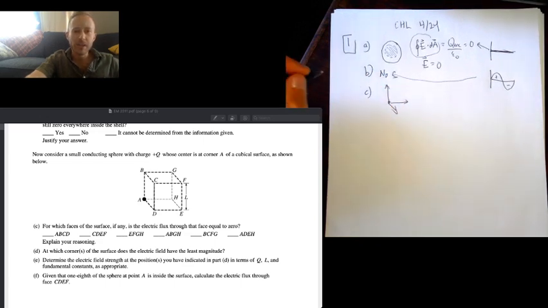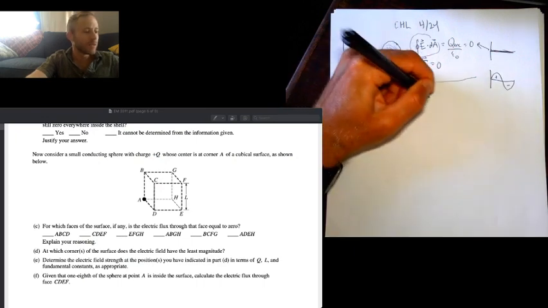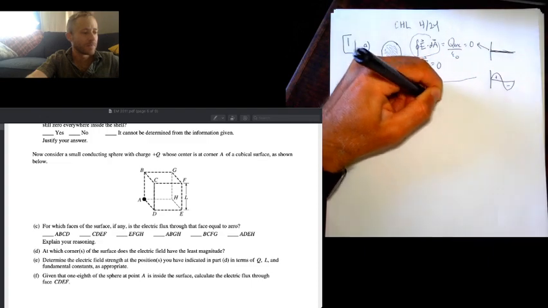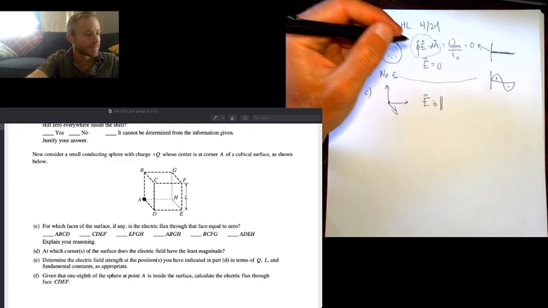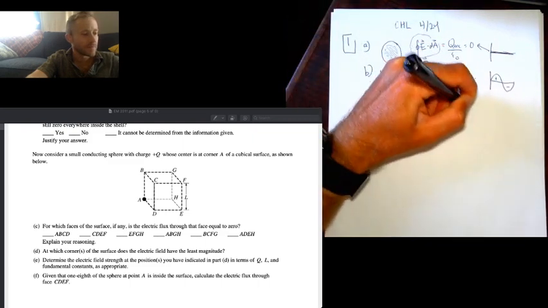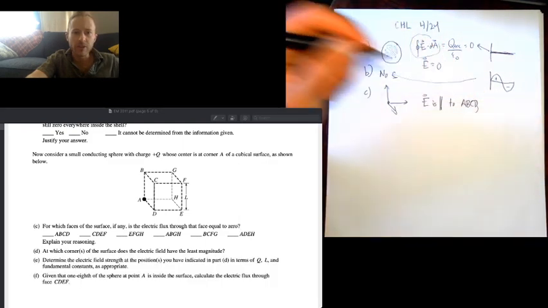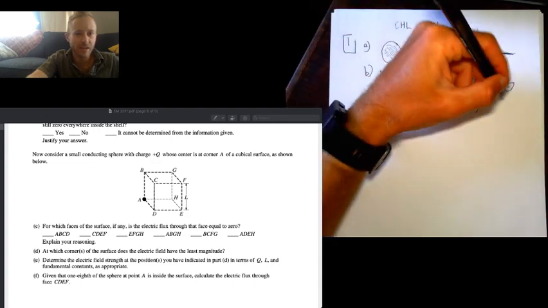So we can see that the electric field is parallel to the surfaces A, B, C, D. It's also going to be parallel to A, D, E, H.